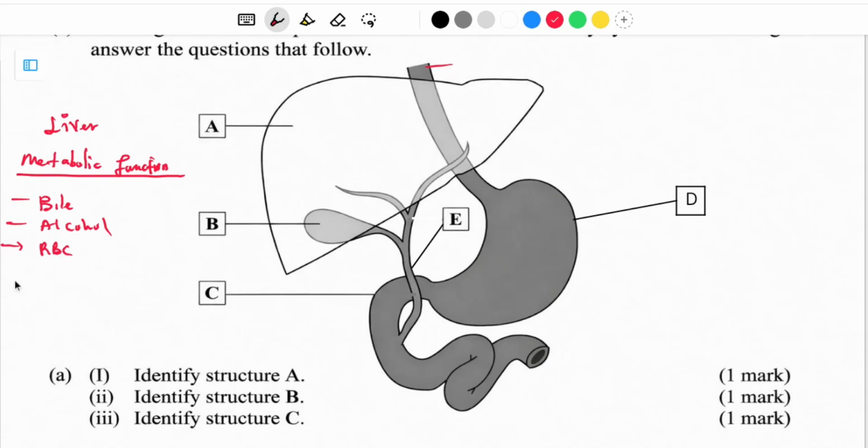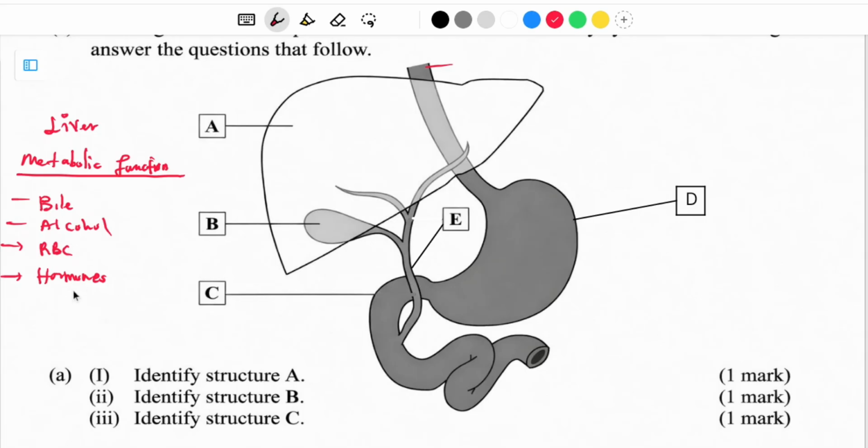Apart from that one, it also destroys or breaks down the used up hormones. So when hormones are being used up by target organs, they go direct to the liver, then they are eliminated.